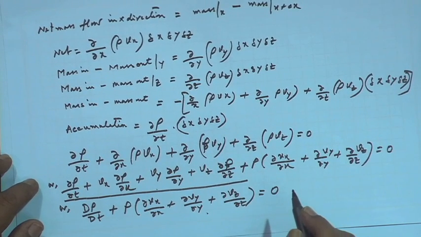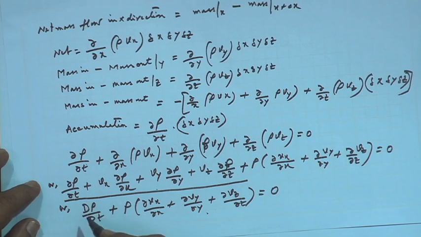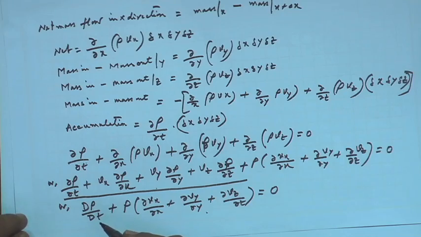This is nothing but the substantial time derivative. Remember the example of flowing along a canal, along the flow of the stream.